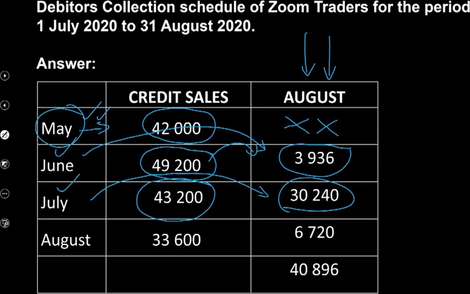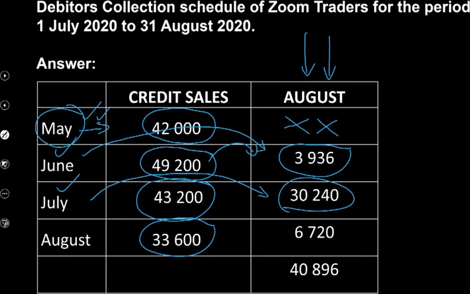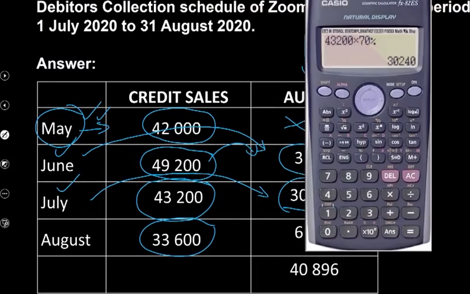August, my credit sale was 33,600. So immediately I go back to my provisos. What was it? 20% in the month of sale. Therefore, let's take our 33,600 times the 20% in the month of sale.